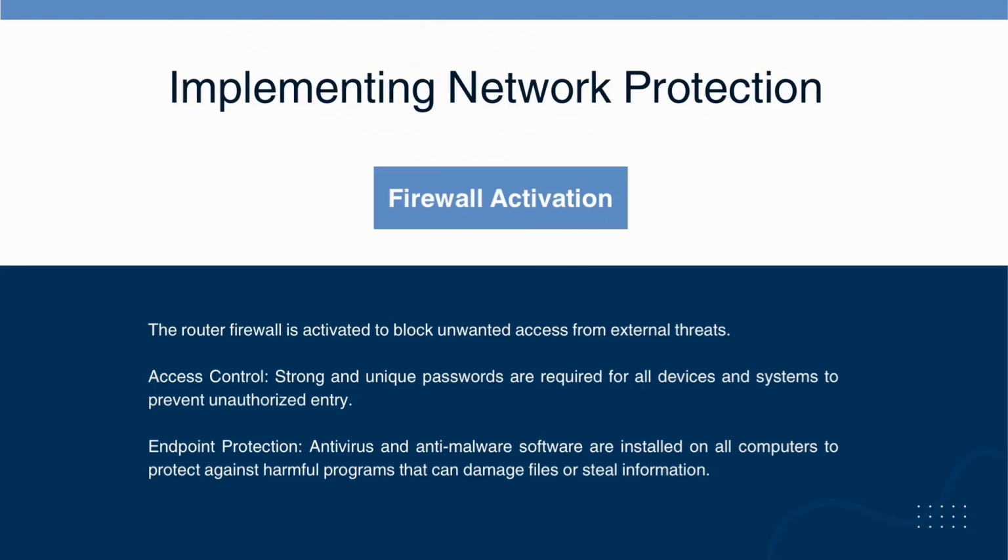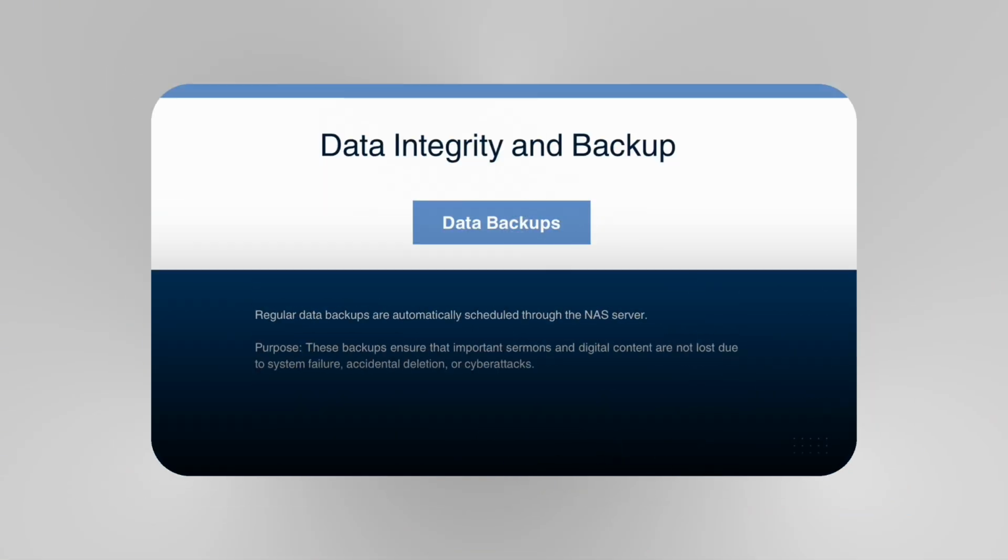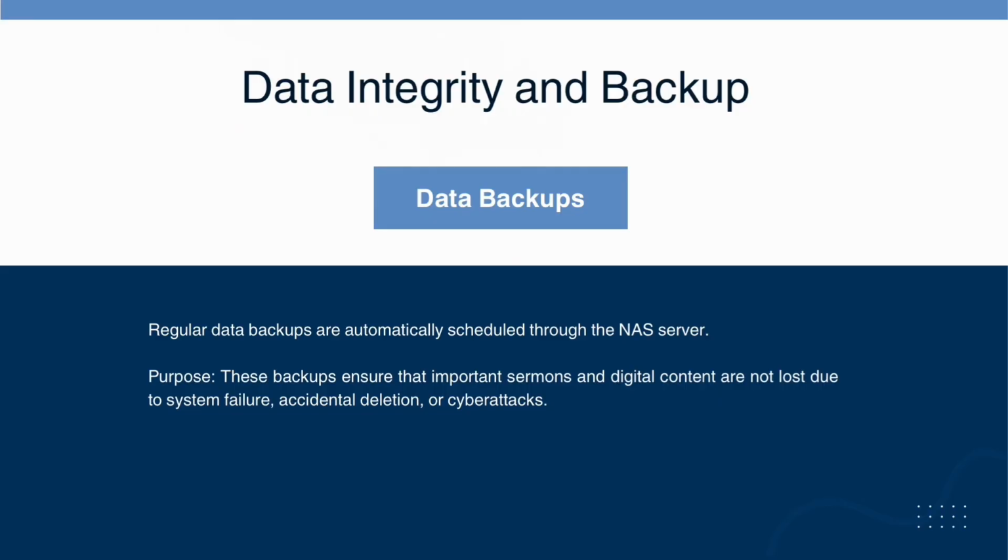Strong and unique passwords are required for all devices and systems to prevent unauthorized entry. Antivirus and anti-malware software are installed on all computers to protect against harmful programs that can damage files or steal information. Regular data backups are automatically scheduled through the NAS server.